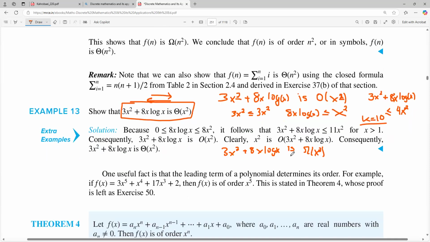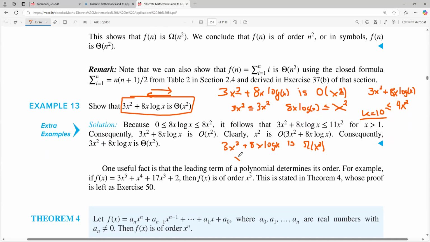So once again, if you want to think of this in an easier way, you say that x squared is big O of 3x squared is less than or equal to. Are you talking about this part right here? Yeah, 3x squared is less than or equal to 3x squared. They're the same function.